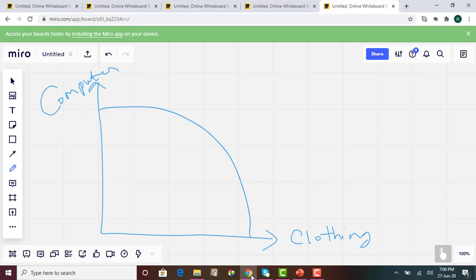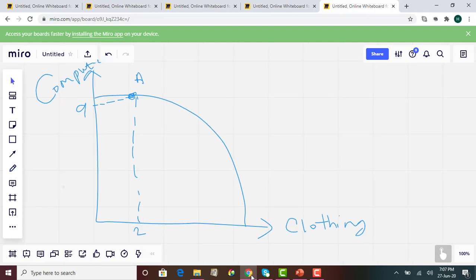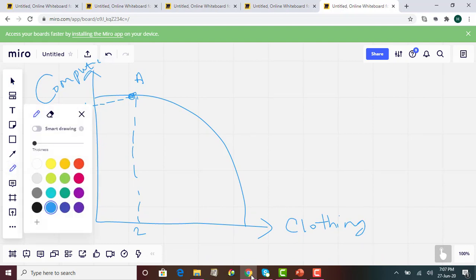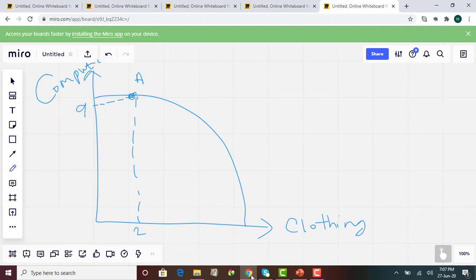All right, now we have a couple of points. Point A is 9 computers and 2 clothings. Okay, then let's say we have point B. We have 7 computers and let's say we have 6 clothing.